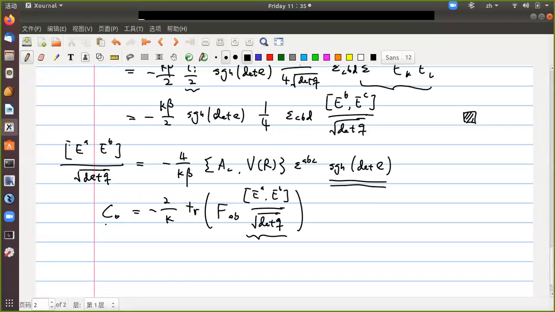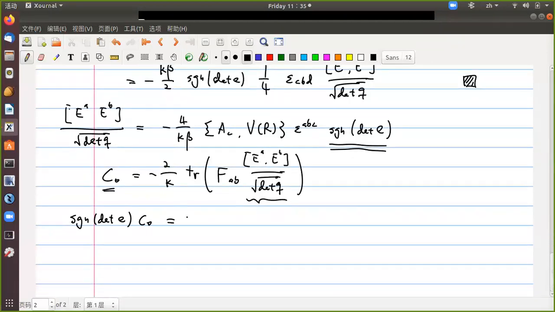So therefore, to solve this problem, what we are actually quantizing is not really this Hamiltonian, this guy. But what we actually quantize is psi determinant E C0. Yeah. So this equals to minus 2 divided by kappa trace FAB and psi determinant E and Q E commutator.